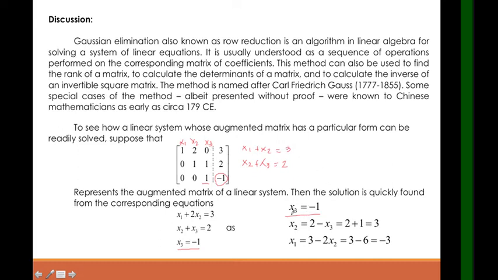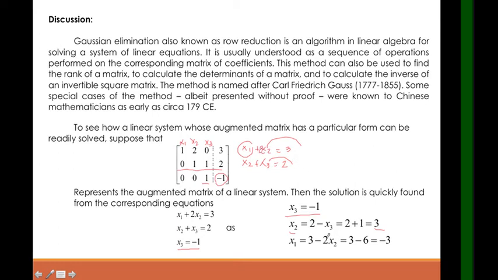For x sub 2, we want to find it in the second row. We have to transpose x sub 3, that's negative x sub 3, and the value of x sub 3 is negative 1, so that becomes positive 1. 2 plus 1 is 3. Therefore, the value of x sub 2 is 3. For x sub 1, we need to find it by transposing negative 2x sub 2.